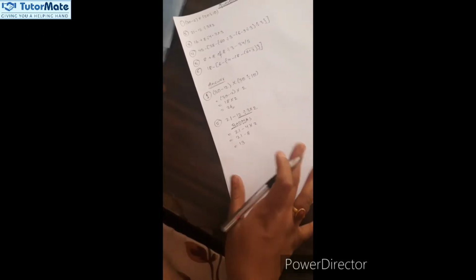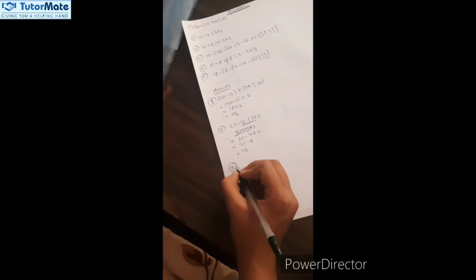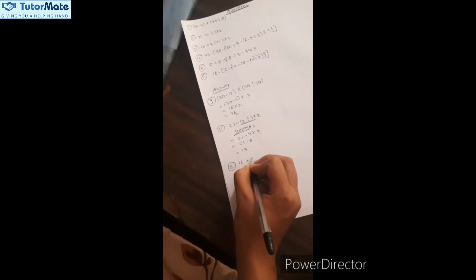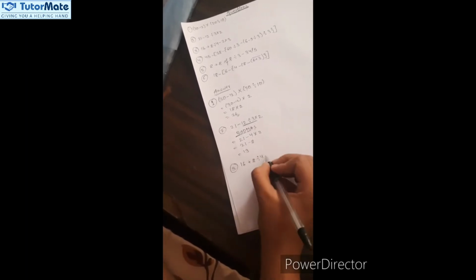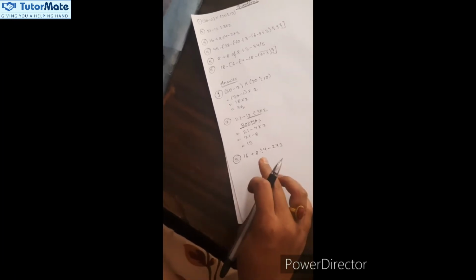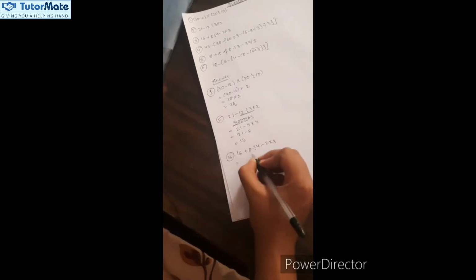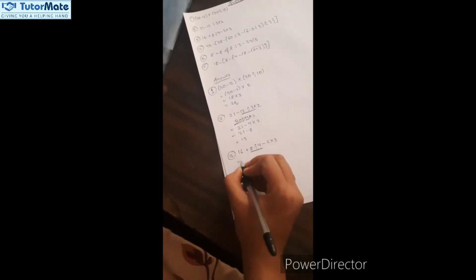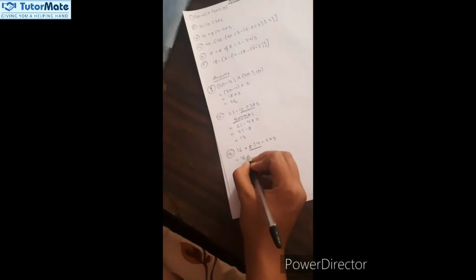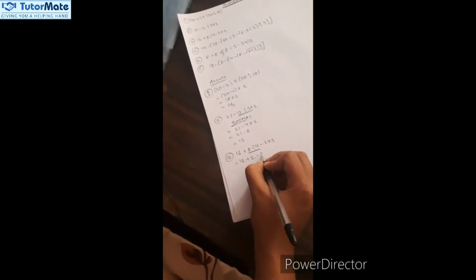Now solving question number 3. Question number 3 says 16 plus 8 divided by 4 minus 2 into 3. In this question also there is no bracket and no of, so starting with the division first. 8 divided by 4 comes to 2. 16 plus 2 minus 2 into 3.